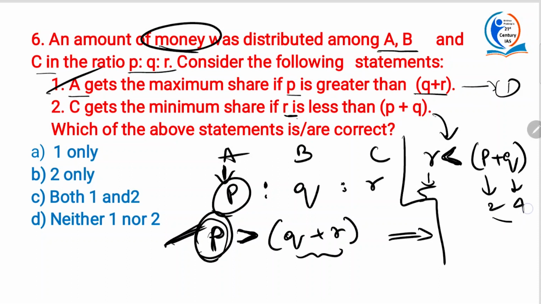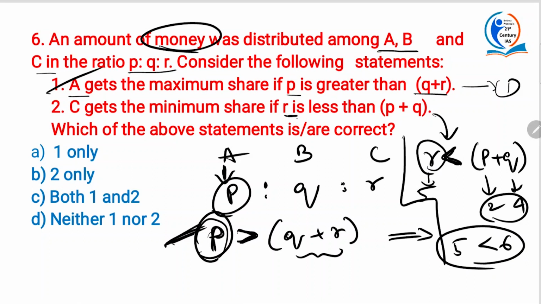Still P plus Q is greater than R only. 6 is greater than 5, no? But R is the greatest among all. So we cannot say that R is the minimum or the least of all. We cannot say such a definite statement. C may or may not have got the minimum share, and one such case is this one. So the statement is incorrect. So only A is the answer.